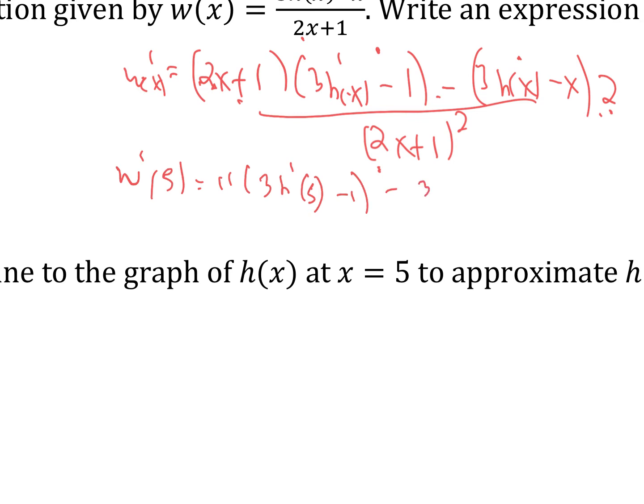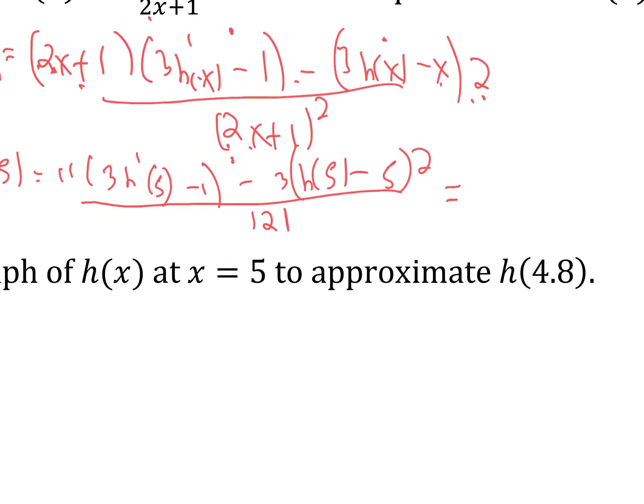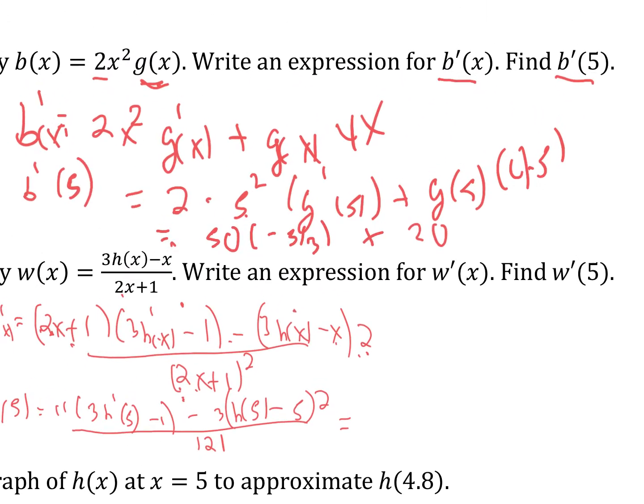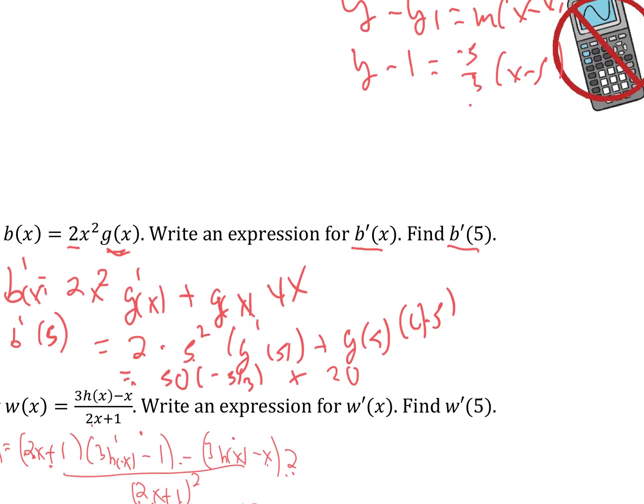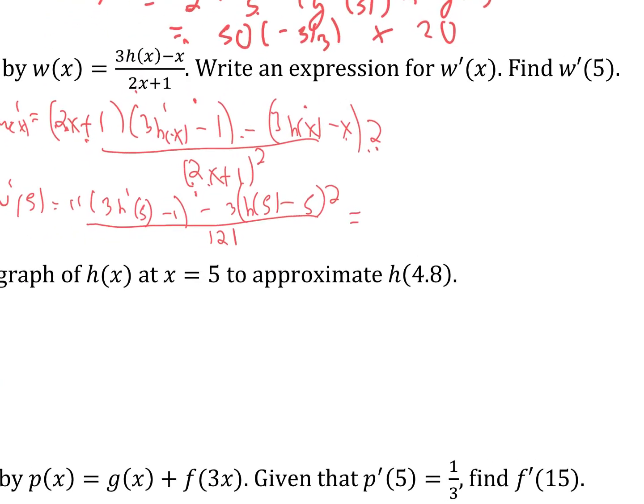Minus 3 times h of 5 minus 5, times 2, over 2 times 5 is 10 plus 1 is 11, 121. Still simplifying. H prime of 5 was that fraction, I wrote, hopefully I'm right, negative 5/3. I'm still sticking with it.